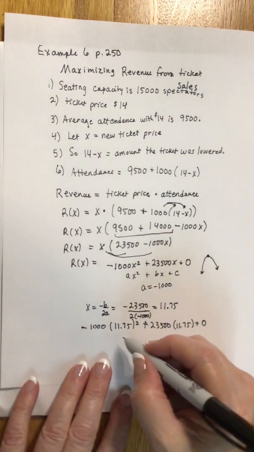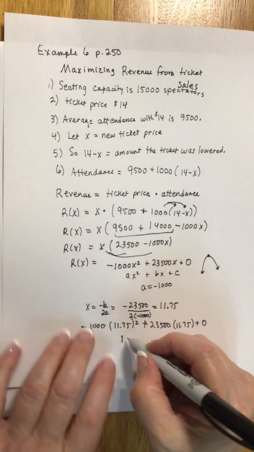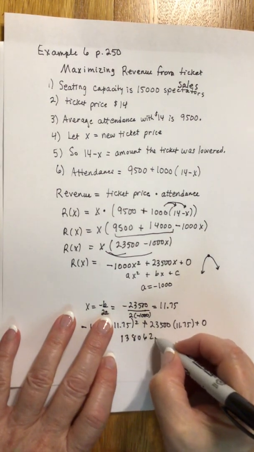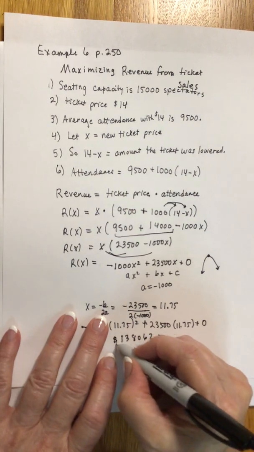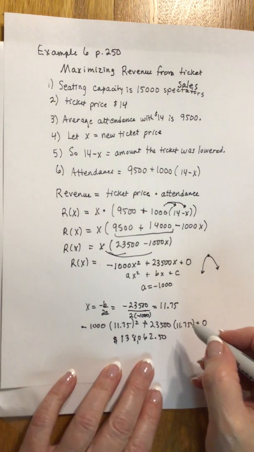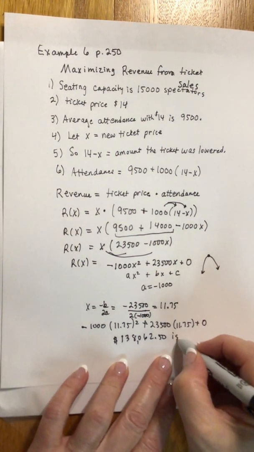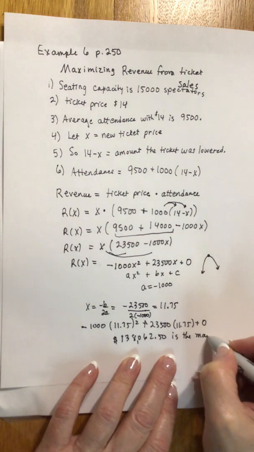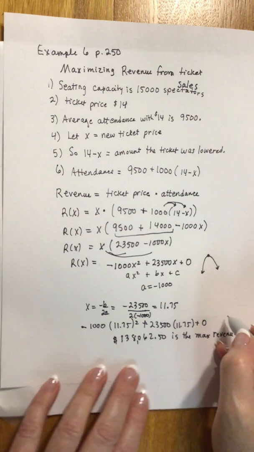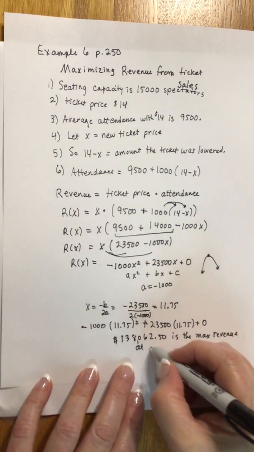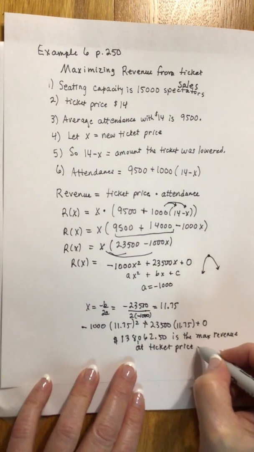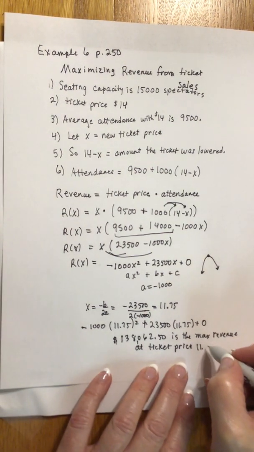I end up with $138,062.50 is the maximum revenue at ticket price $11.75.